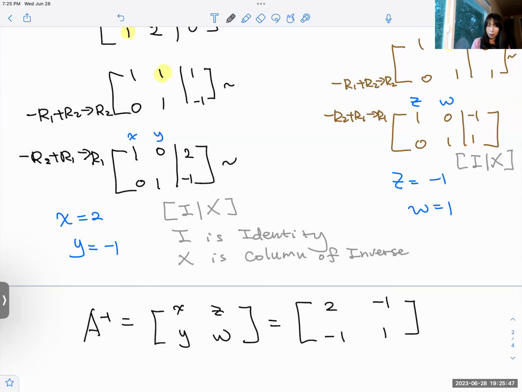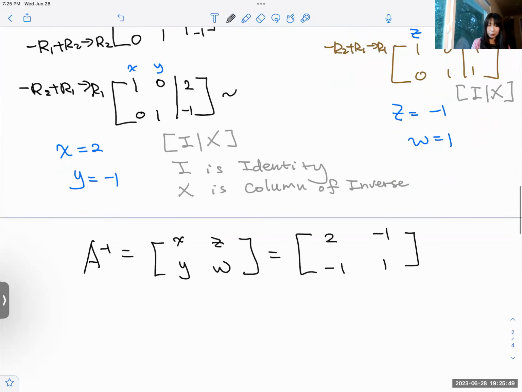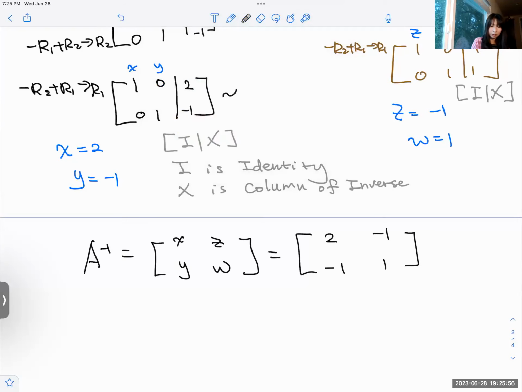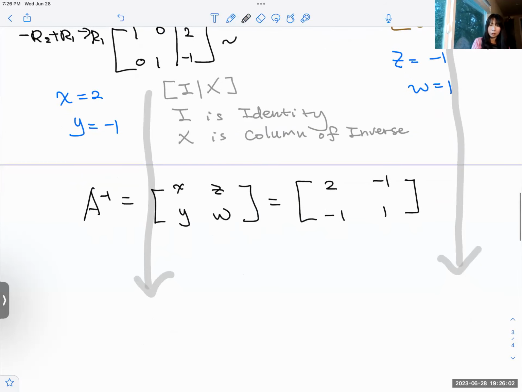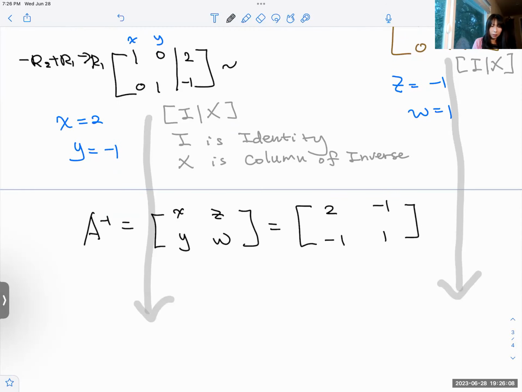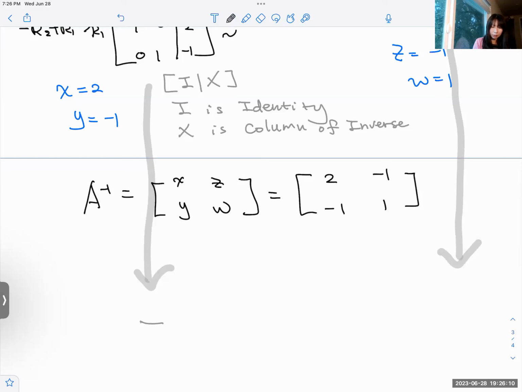Okay, so if we rewrite everything, we can say I, which is the identity, 1, 0, 0, 1.